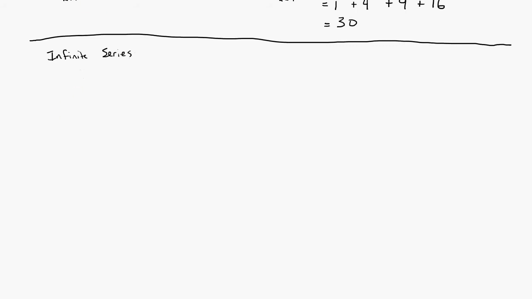An infinite series is just a summation where we let the index go to infinity, and it's written in the following way: the sum k equals 1 to infinity. In most examples we'll do, the starting index will be 1, but that doesn't always have to be the case. The index can start from any number, even negative numbers. But for an infinite series, we always let the index go to infinity.